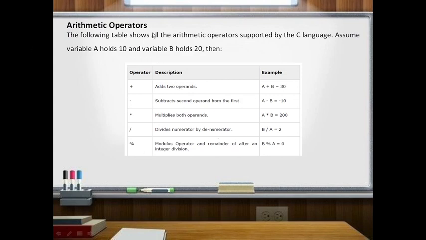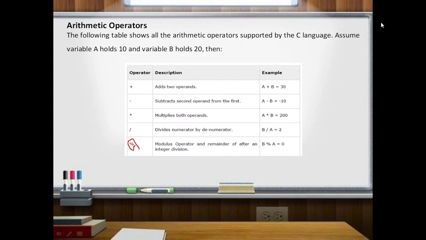As you are aware, the arithmetic operators are plus, minus, multiplication and division. The one that is somewhat new to you is the mod operator. What does the modulus operator do? Let us see.